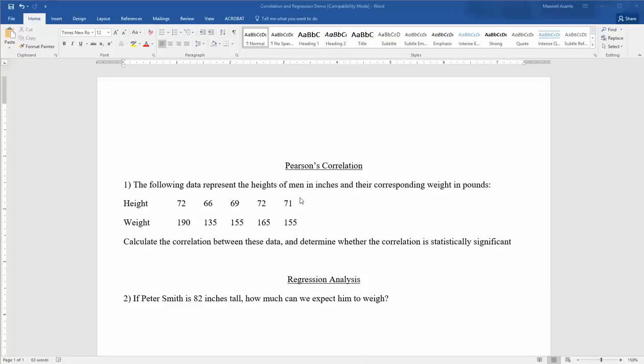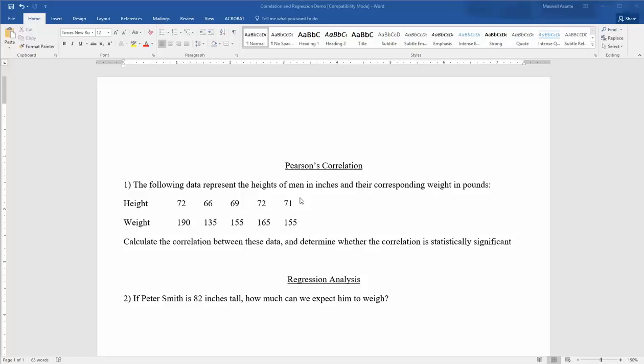The problem here is talking about Pearson's correlation coefficient and the related topic of regression analysis. As we can see from question number 1, you have measured the height of some men, 5 men, and you have also measured their weight.